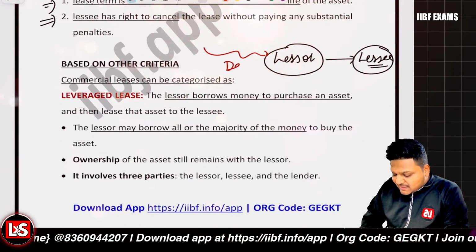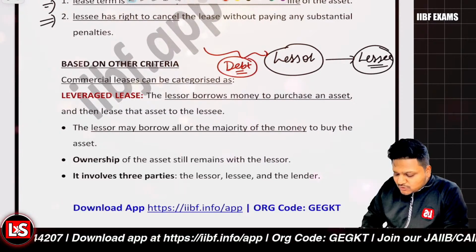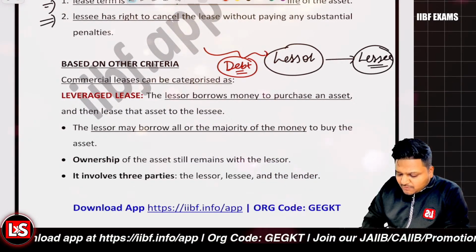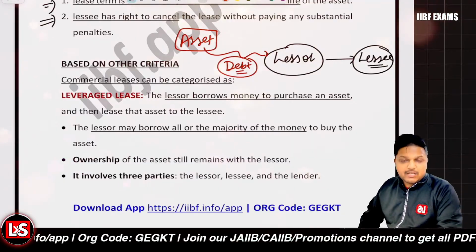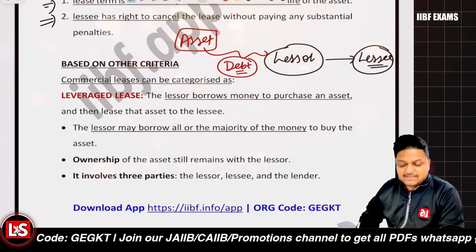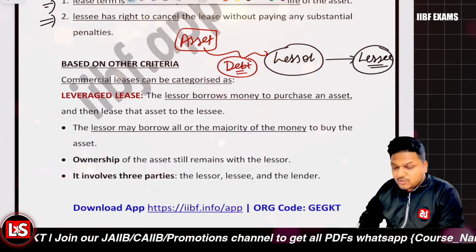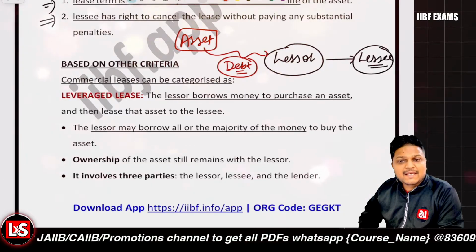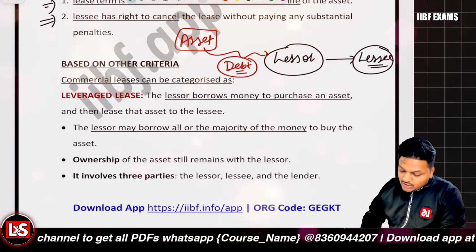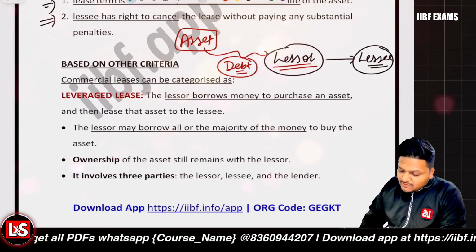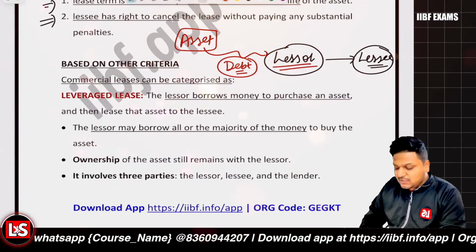So as to acquire ownership of the asset, the lessor has borrowed the money, or the majority of the money, to buy the asset. Ownership is still with the lessor, and further it rents out the asset to the lessee.